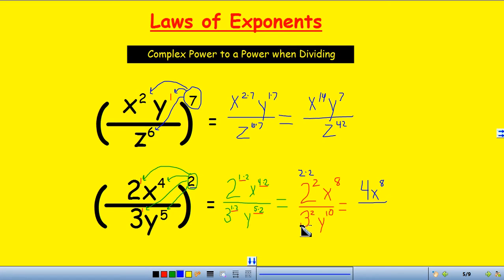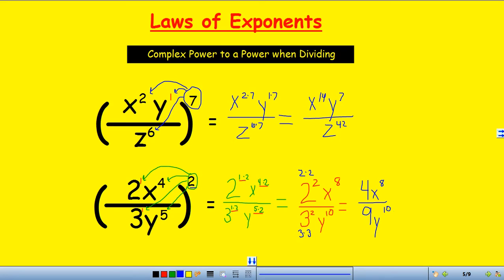Divided by, we have 3 squared, or 3 to the second power, which is the same as 3 times 3. 3 times 3 is 9. We have that times y to the power of 10. And this is in its simplest form.